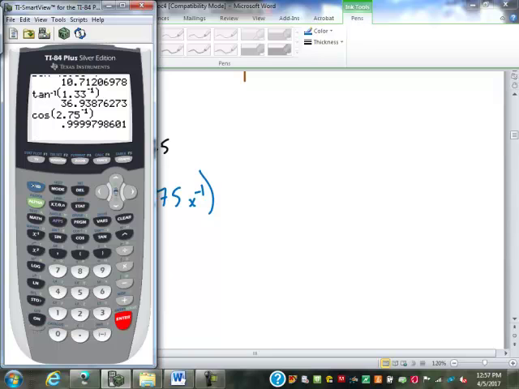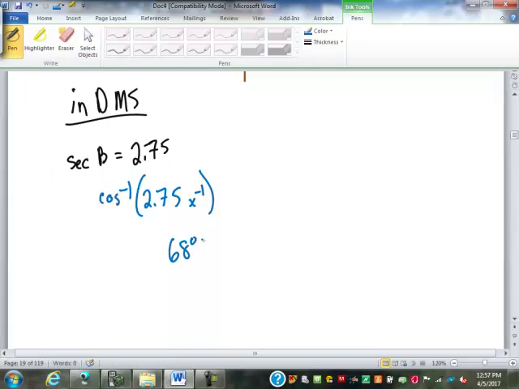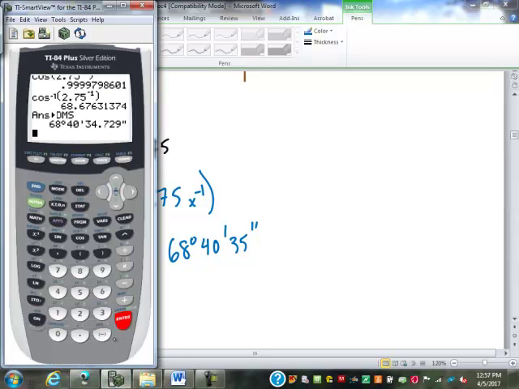Let me try that again. That gives 68.676 degrees. Now I'm going to change that to DMS. It gives me 68 degrees, 40 minutes, 35 seconds. You could have done that as 34.7 seconds if you'd wanted to. I usually just go to the nearest second, 35.